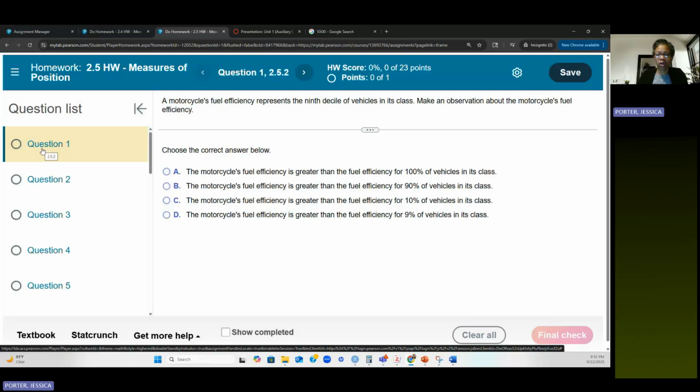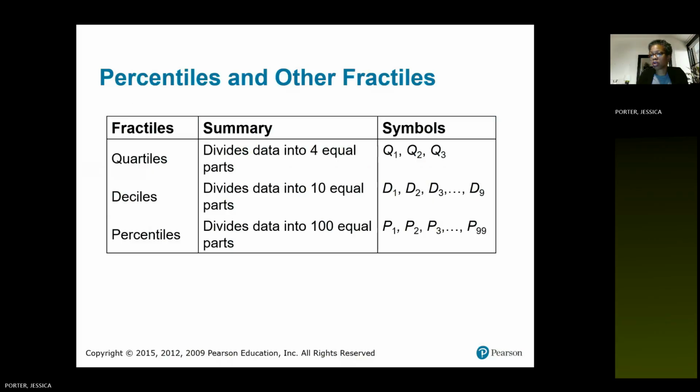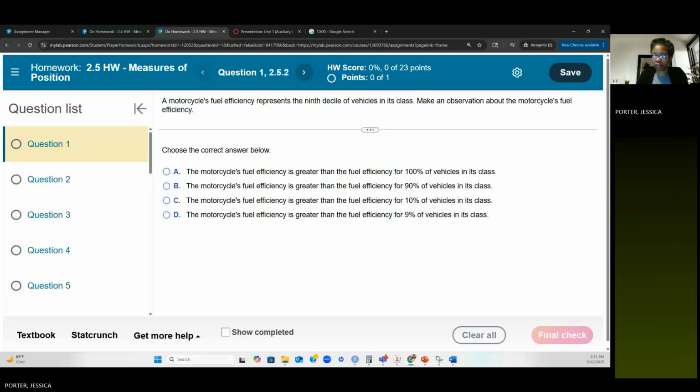A motorcycle's fuel efficiency represents the 9th decile of vehicles in its class. Make an observation about the motorcycle's fuel efficiency. And remember, deciles divide the data into 10 equal parts. So which one is going to represent the fuel efficiency of this motorcycle?